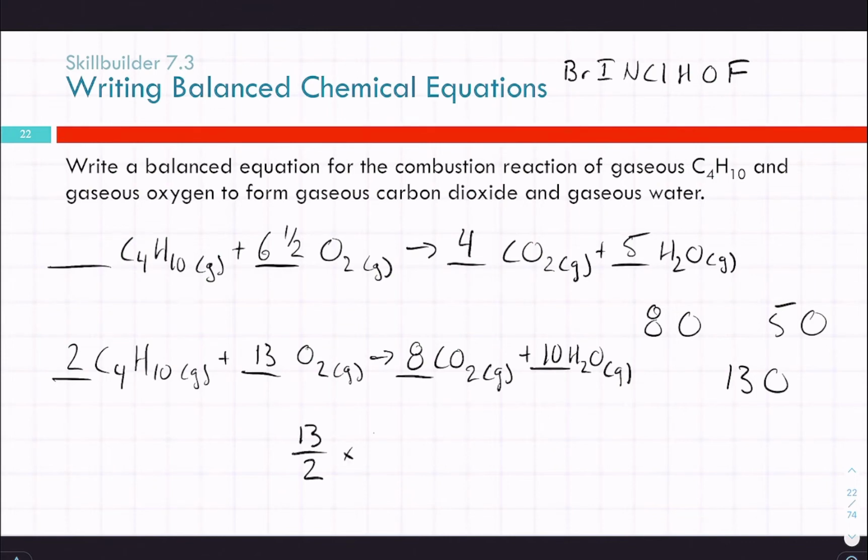So if you got 13 over 4, then you would multiply by 4. And in that case, you would end up with some 0.25. I would refer to that table from the last chapter in terms of which decimals, if you want that.